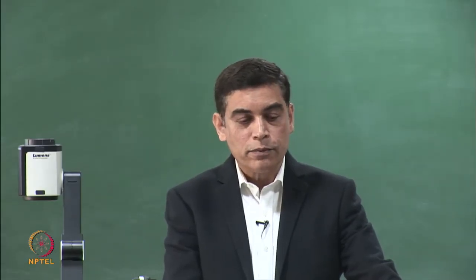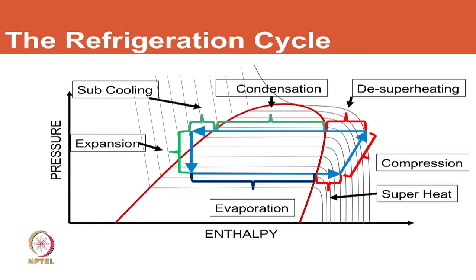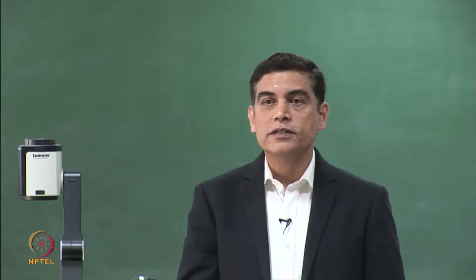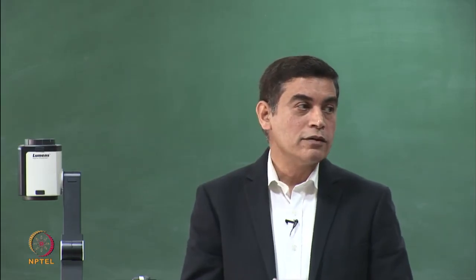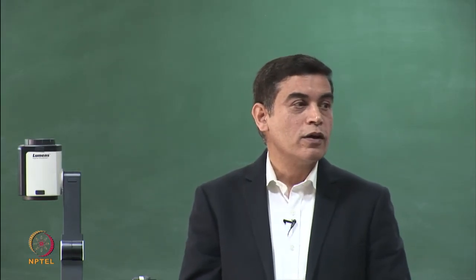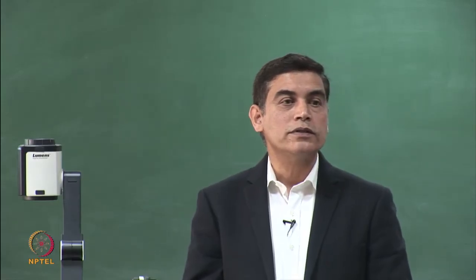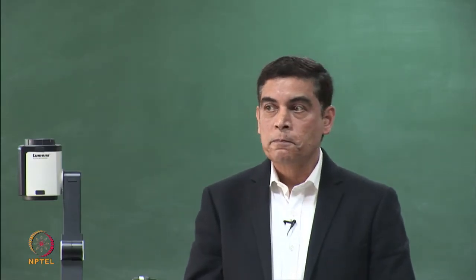And now I will come back to the earlier point I was making: if we attempt increasing the subcooling, we are increasing the net refrigeration effect that will be available in the cycle. So the more we go to the left, the more refrigeration effect is available to us for the same compression factor, and that allows us to get higher efficiencies. Also it allows us to get higher cooling performance from the same system.